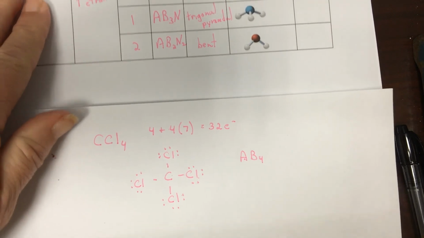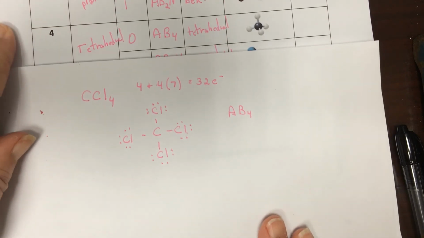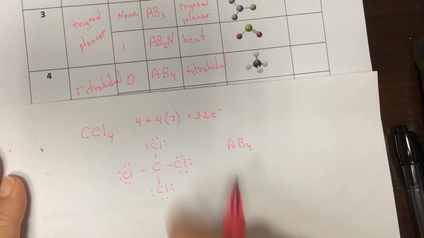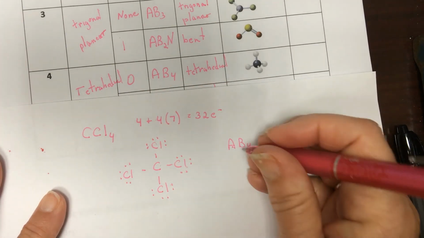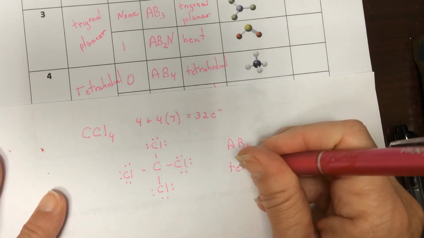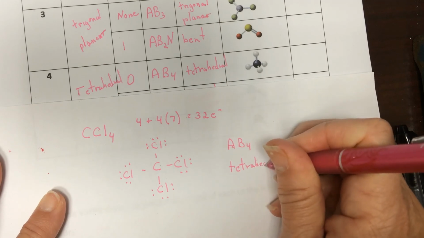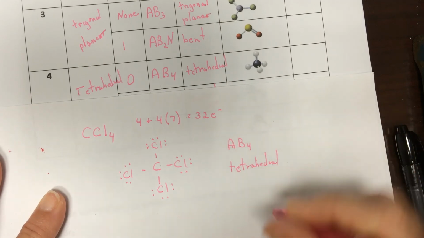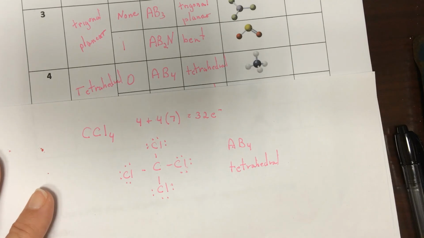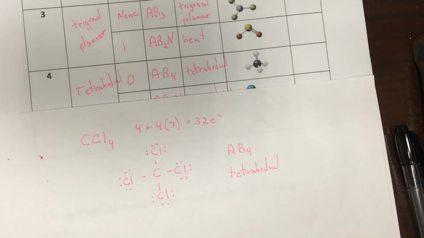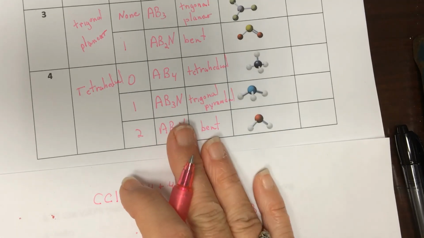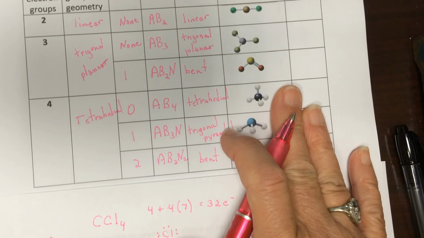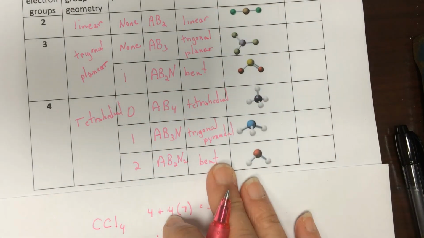If we look up here at our chart, our table, we see that a central atom bonded to 4 will have a tetrahedral shape. So as long as you can draw the Lewis structure, and you have a table like this, you can tell what the molecular shape is.